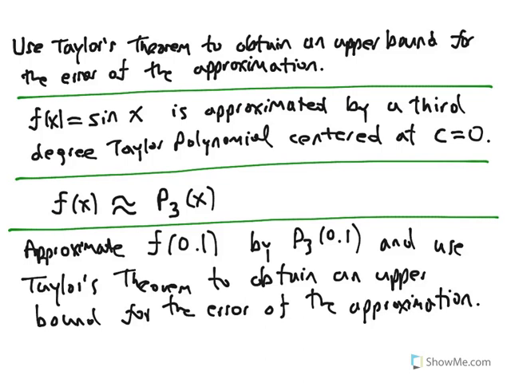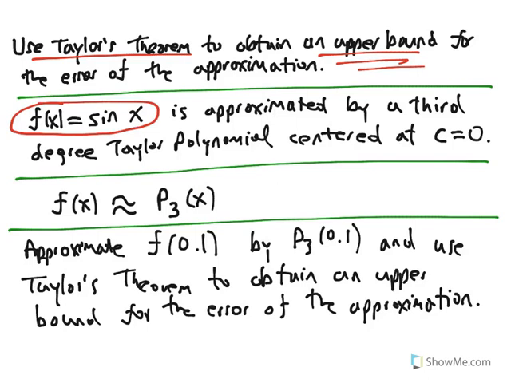So we'll look at a second example, same idea. Use Taylor's theorem to obtain an upper bound for the error of the approximation. The function that we have in the second example is f of x is equal to sine of x. It is approximated by a third degree Taylor polynomial centered at 0.